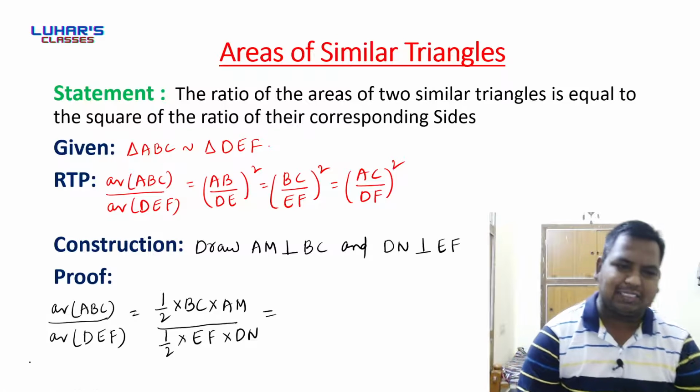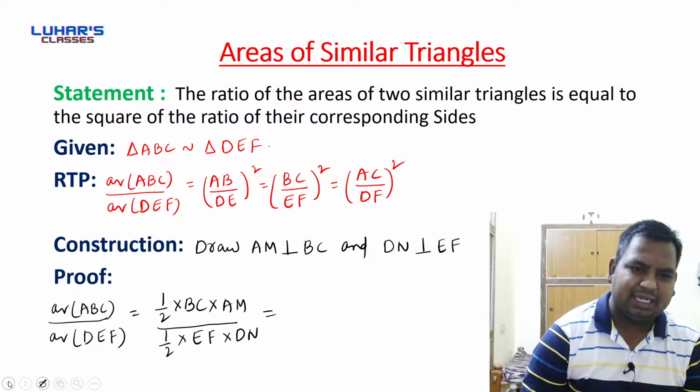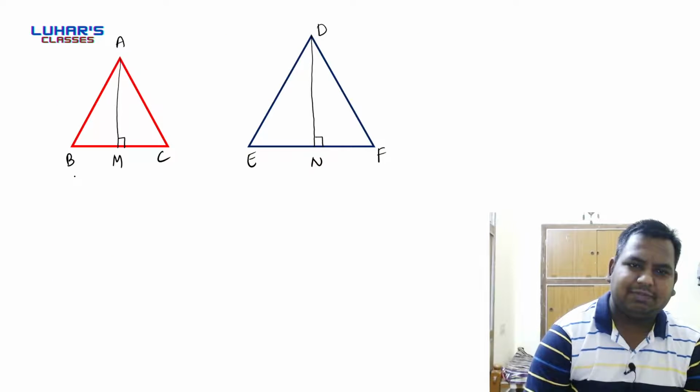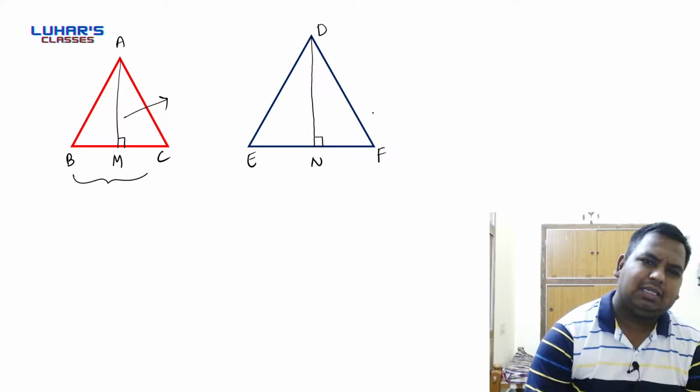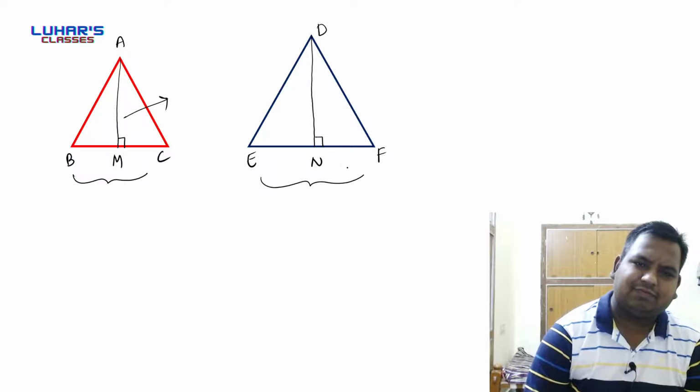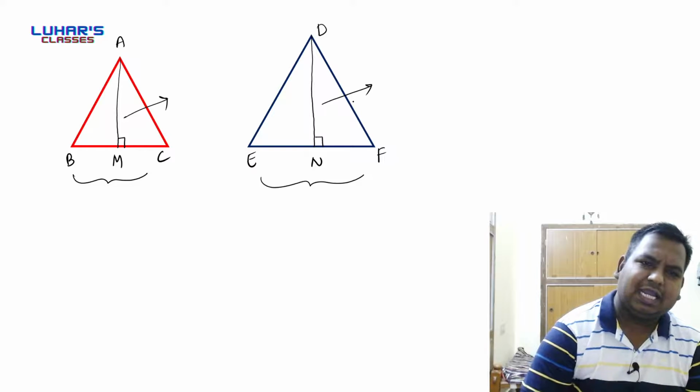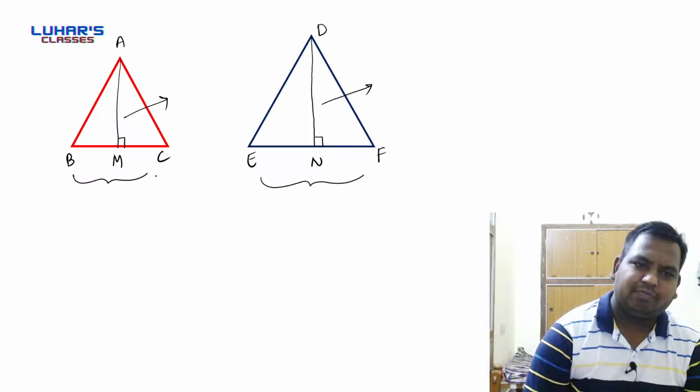I think this part is clear to everyone. Let me make it more clear: if I consider base as BC, then height is AM, and if I consider base as EF, then the corresponding height is DN. Area of triangle ABC means half into base into height, so half into BC into AM. Let me write here half into BC into AM.